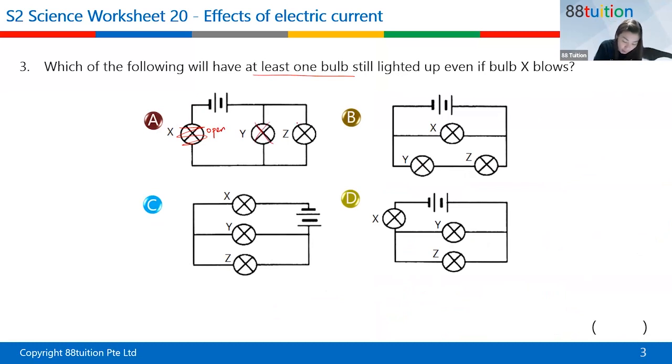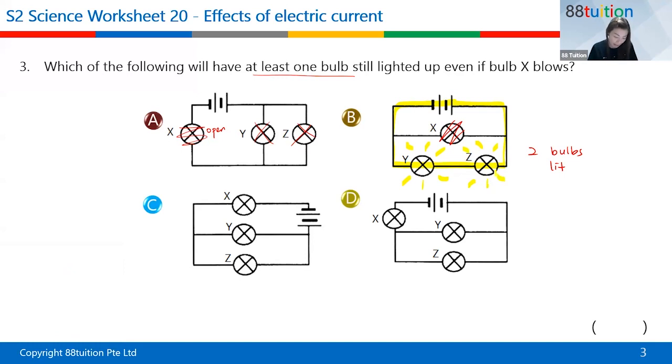These two will not light up also. So if I'm looking at B, I have Y and Z lit, because current still can flow through the circuit. So these two still light up.